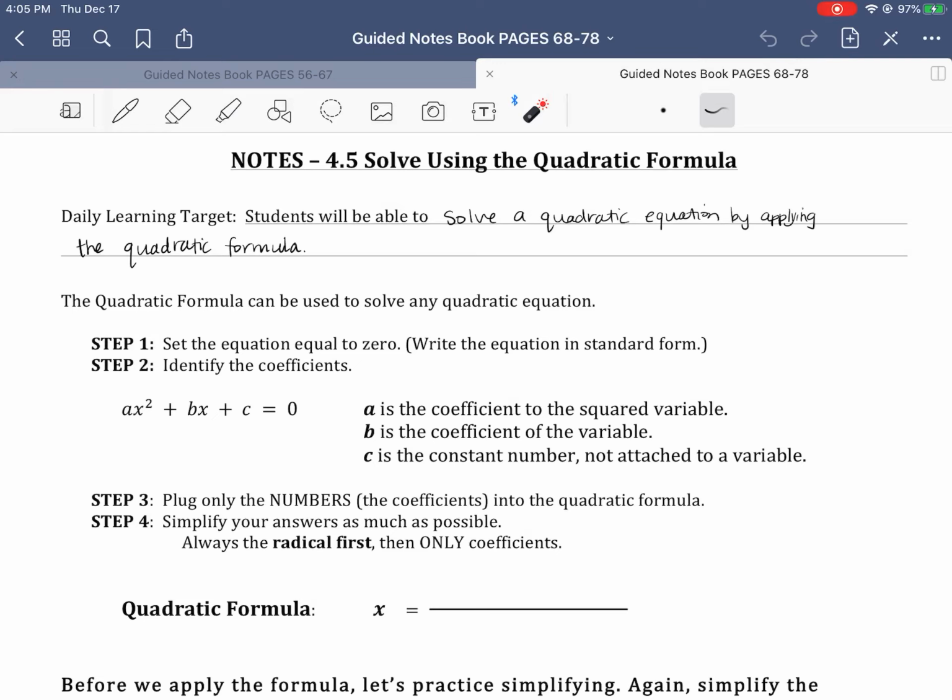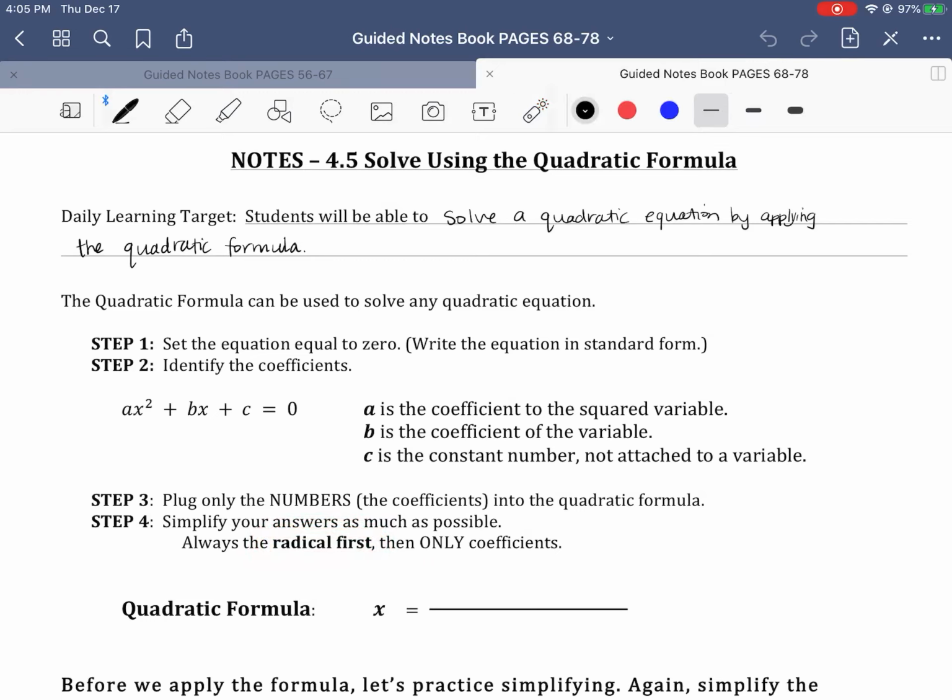Then we're going to plug those numbers, the coefficients, into the quadratic formula, and then we simplify, simplify, simplify. The formula is already technically solved for x. We just need to simplify as much as possible to write our answer. We always simplify the radical part first, and then if the three coefficients can simplify, we will simplify those.